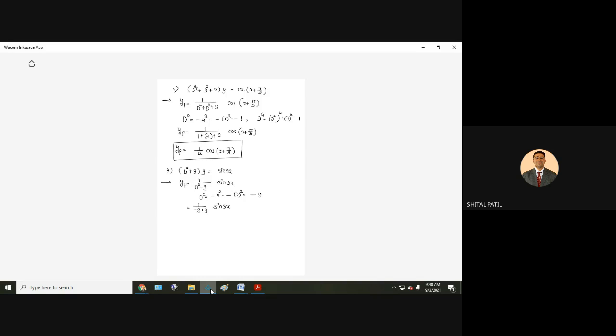Yes, first formula fails. So we have to use the second formula. What is the second formula? x times the derivative of the denominator.